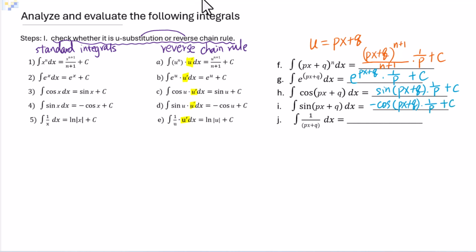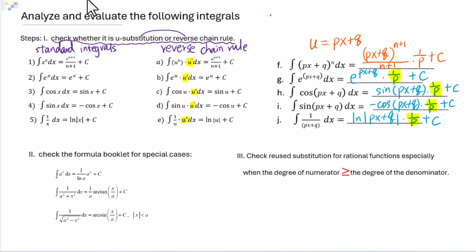For j, we will get natural log of the absolute value of px plus q, times 1 over p plus c. So do not forget this 1 over p.